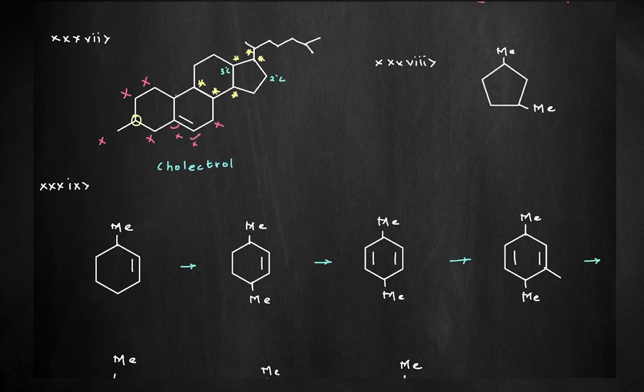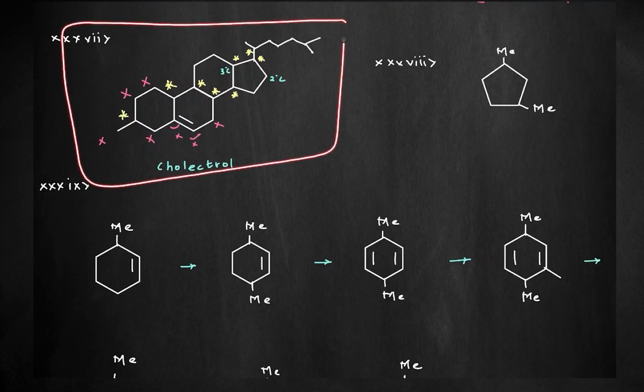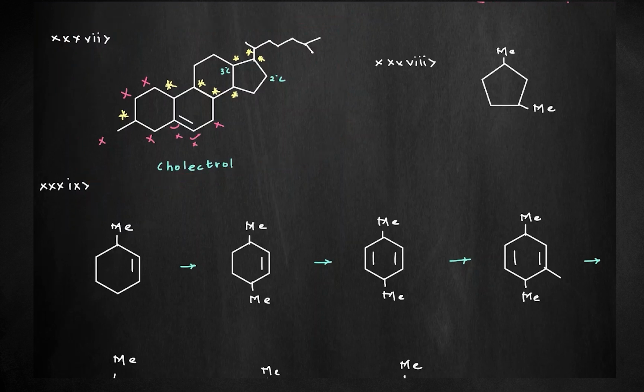So check this position and this position now. Okay, if you check this position, it has one hydrogen, one side CH, that is sp2 carbon, one side this whole group, and on the other side this part. So all four parts are different. So this carbon is a chiral center here. Clear? Okay, same way this is also a chiral center. I hope you understood this particular question. So the number of chiral centers in this particular molecule will be 8.